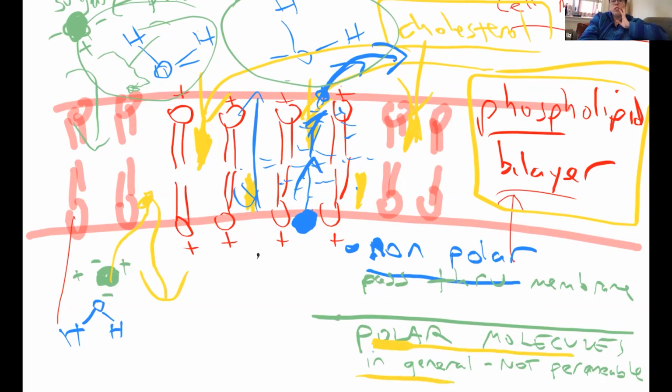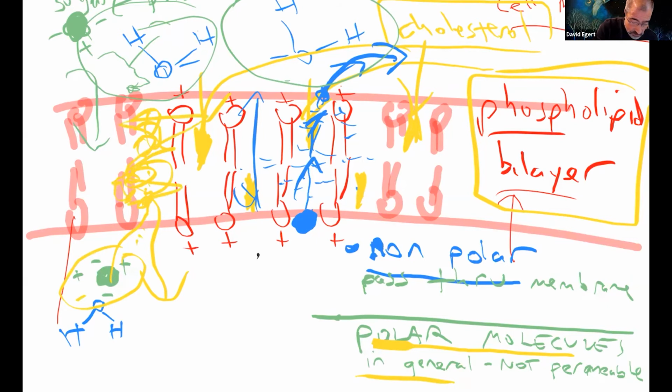I have a question. So does the polar head of the phospholipid not play into that? But we're talking about being able to cross the membrane, right? The polar head could be attractive to this, but then continuing on into this region of non-polar tails, that's not interesting at all. And this polar molecule is just going to stay on one side.